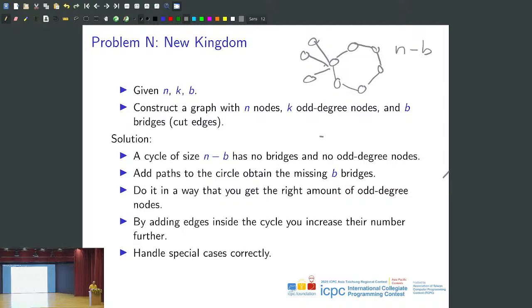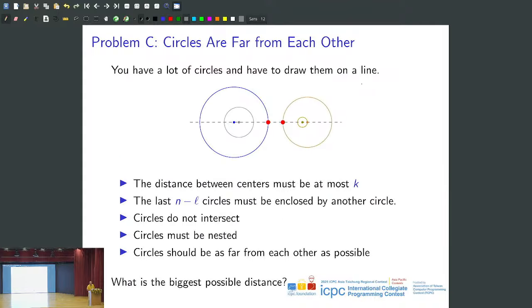And if you don't have enough odd vertices, you can even increase it by having some extra edges inside the cycle. The principle is not so hard, but the details are really bad, and there are some edge cases which you have to handle correctly. And now the problem C.